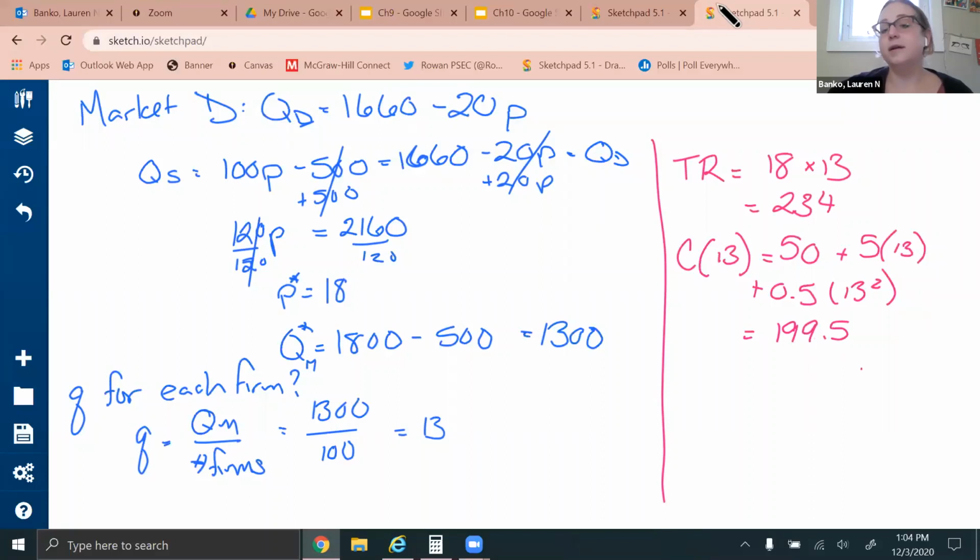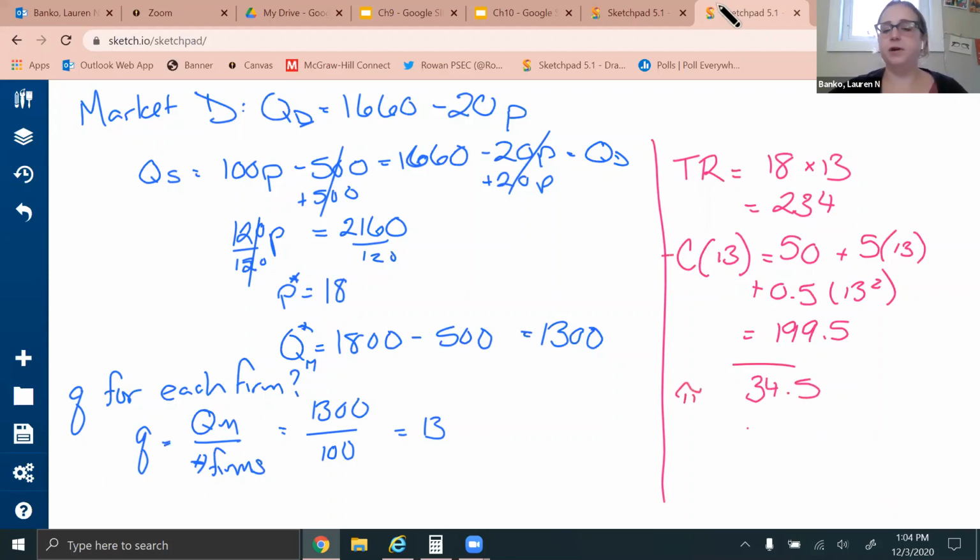199.5. Just a hint, make sure you show your work on the final and your problem sets, because it's easy to plug in something wrong here, but it'd be good for me to see that you just did that rather than didn't do it correctly. So 234 minus 199.5 ends up being 34.5 for profit.